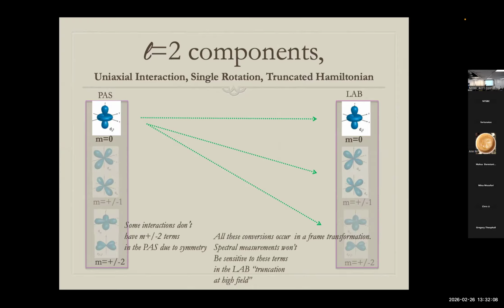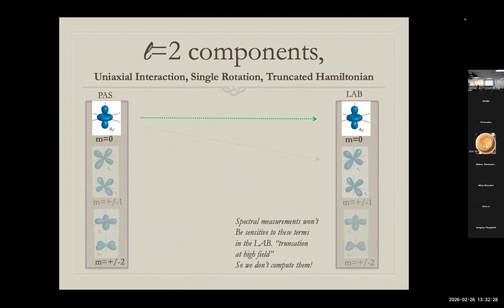I don't have to do all components. I could say in the PAS I only have this one, if it's a single molecule. Also, when I come to measure, I may only measure this. So sometimes I only have to do one calculation for the entire tensor, one calculation. I just have to be smart and realize what I need and what I don't need.